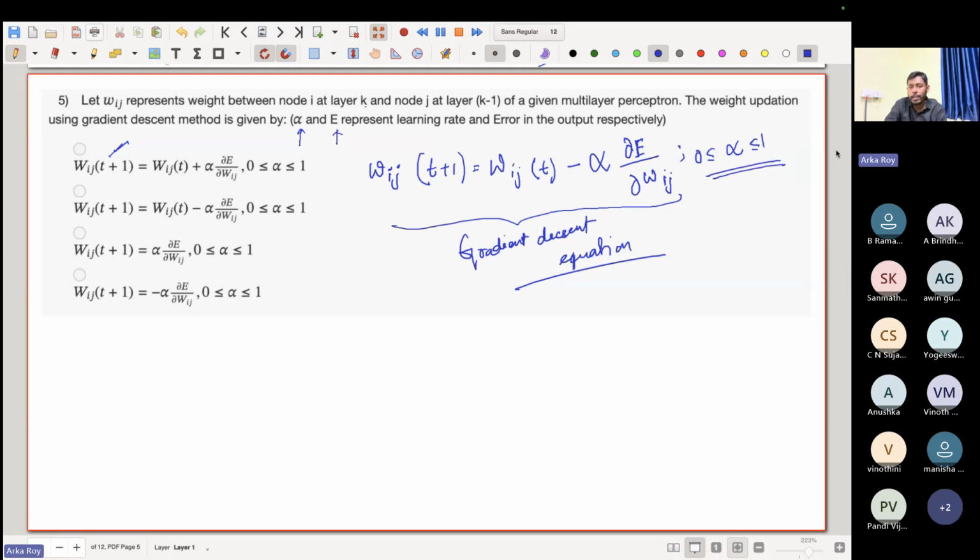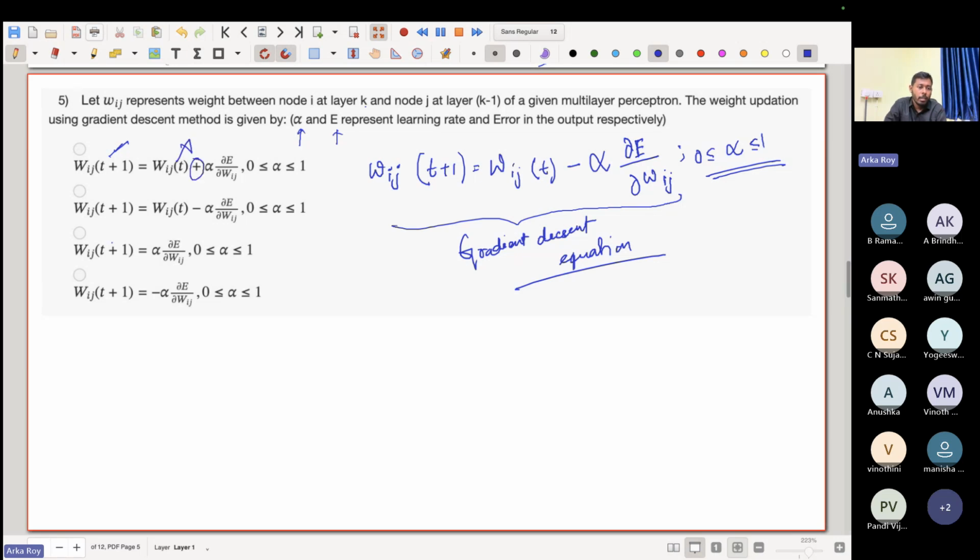If you take alpha to be greater than 1, you can think that you might incur some sort of overshooting of the minima because you're taking an alpha value that is quite high. Then what would happen is you'll get multiple oscillations over there in the error space. So this particular option is incorrect because they are putting a plus sign over here.